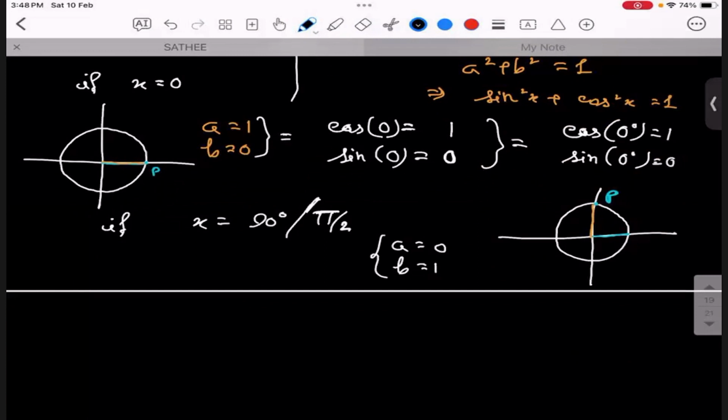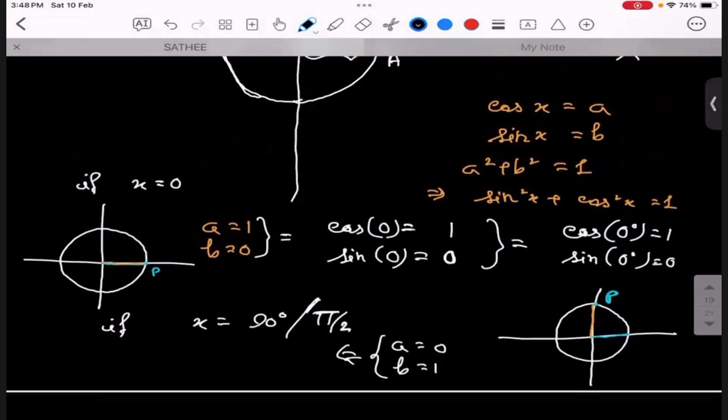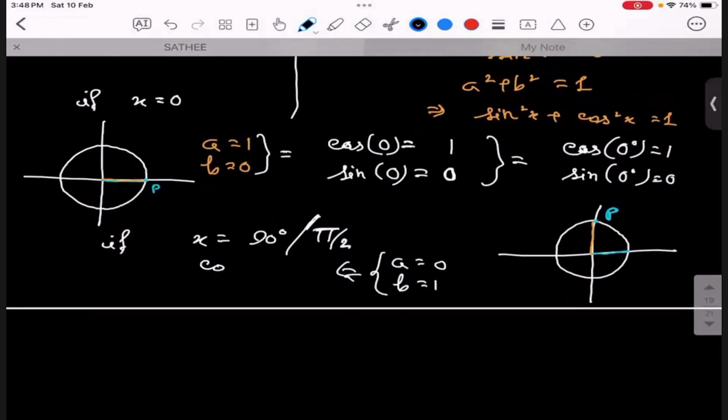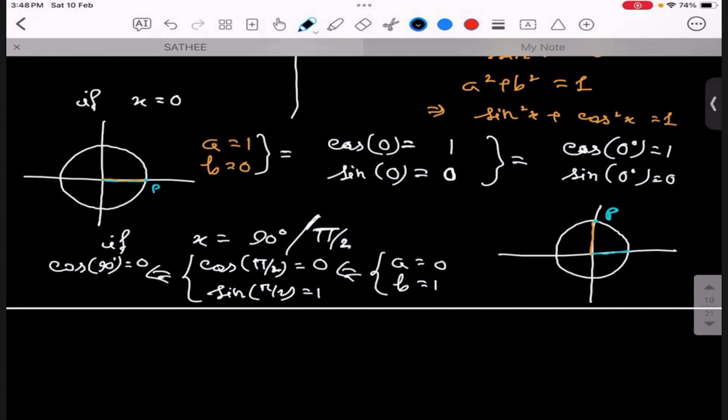So from here, A means our cos x: cos pi by 2 equals 0, and sin pi by 2 equals 1, which again implies cos 90 degree equals 0, sin 90 degree equals 1.